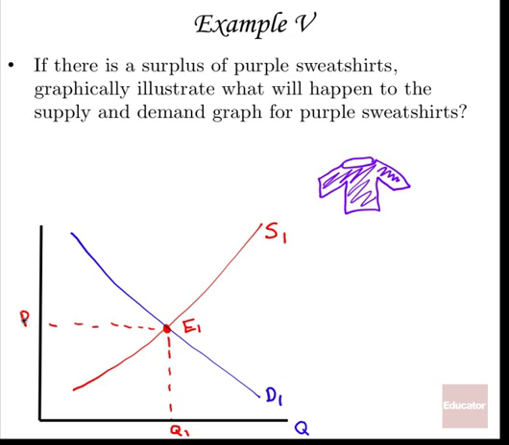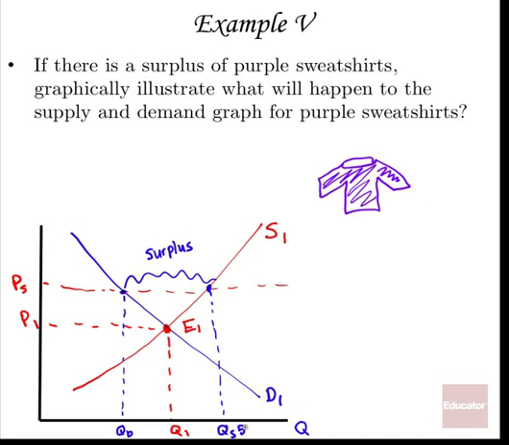notations for these graphs. So if the price is here, price of the sweatshirt, what you're going to have is the quantity supplied at the higher price, quantity demanded at the lower price. And here's the surplus. Now again, let's do some numbers here.